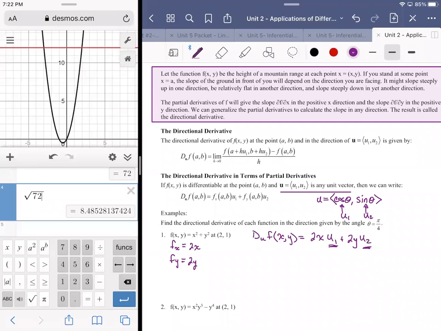Well, if I take f sub x comma f sub y and dot that against u sub 1, u sub 2, I would actually get this linear combination, right? So f sub x u1, f sub y u2 added together, right?